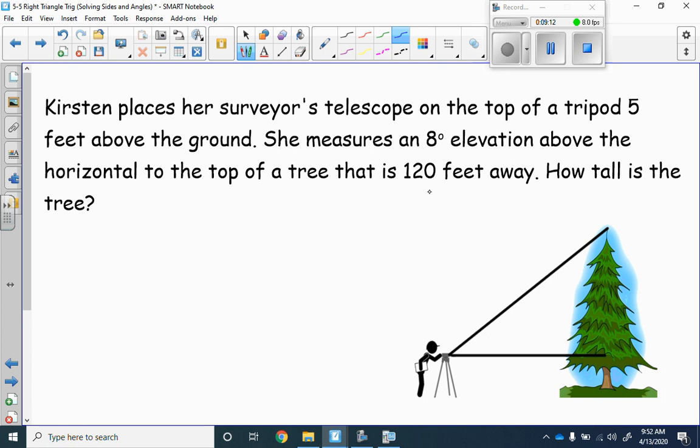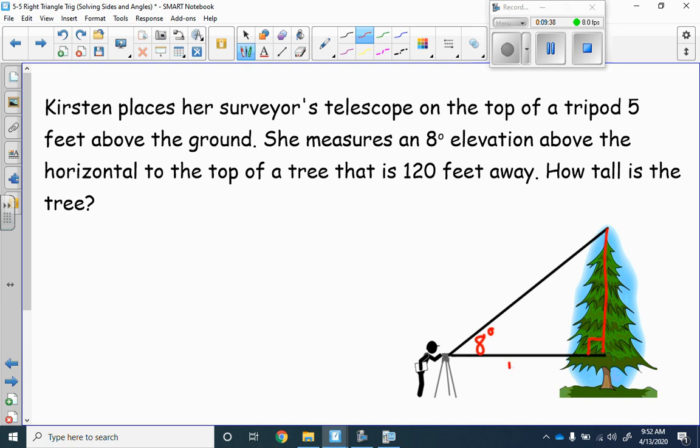And you've got to realize here that if you want to use SOHCAHTOA, you have to make sure that you're working with right triangles. Now notice that in setting this problem up, I'm not going to the base of the tree because then that's not a right triangle. We're working with this horizontal right here. And it says that she measures an 8-degree elevation above that horizontal line.